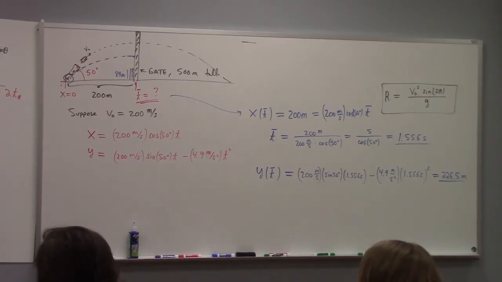If you could launch the projectile with infinite speed, what height would it be at as it was trying to clear the gate?